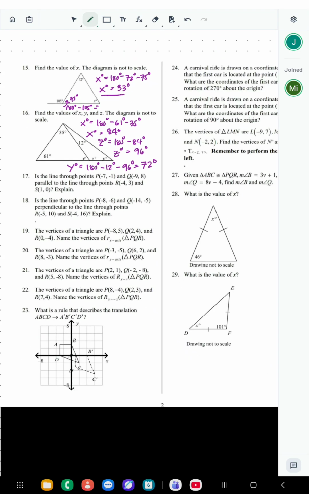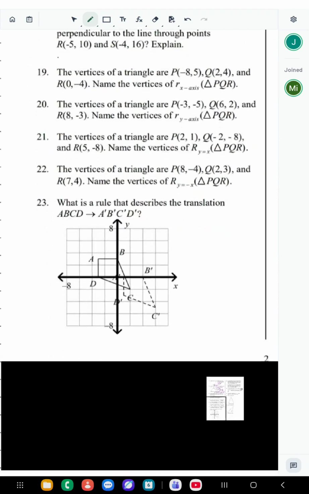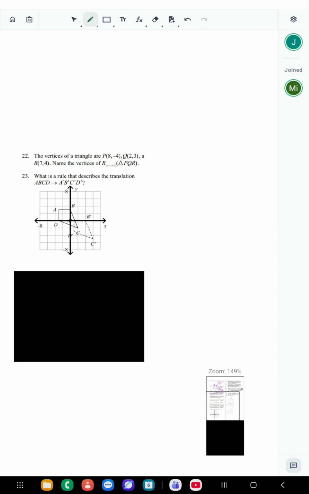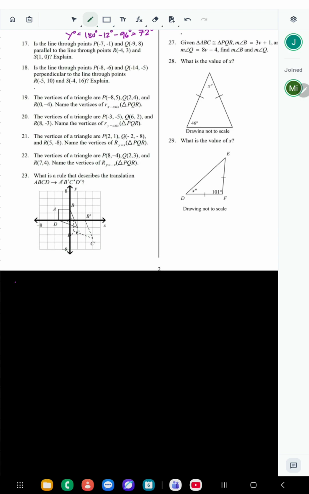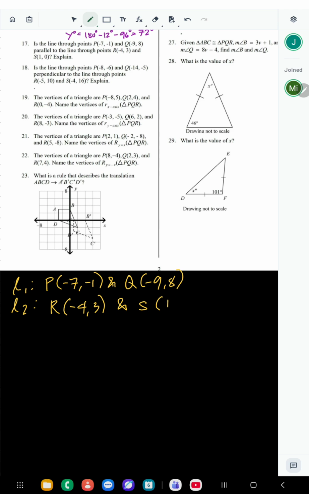So we have line 1, with point P (-7, -1) and point Q (-9, 8). And we have line 2, which has points R (-4, 3) and point S (1, 0).